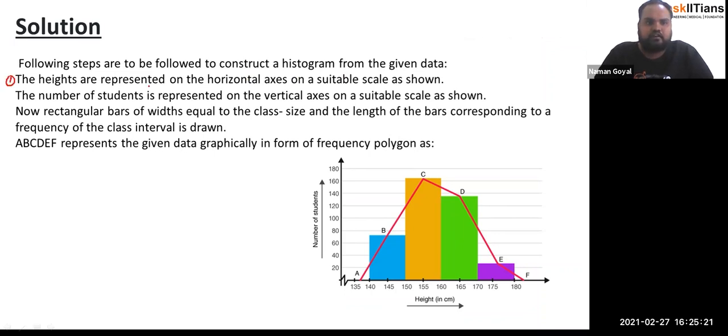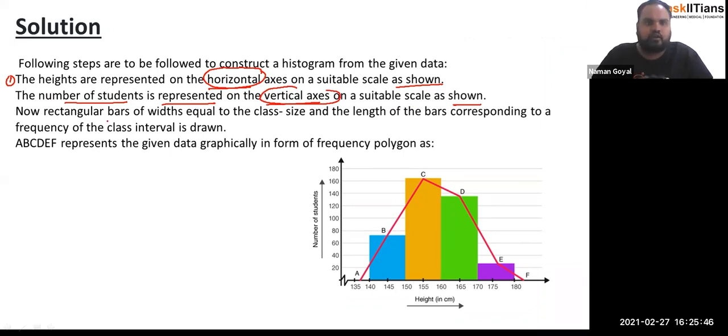The heights are represented on the horizontal axis on a suitable scale as shown. Okay, the number of students is represented on the vertical axis on a suitable scale as shown. So height in centimeter is represented on horizontal axis, and number of students is represented on vertical axis. Okay, on a suitable scale as shown.